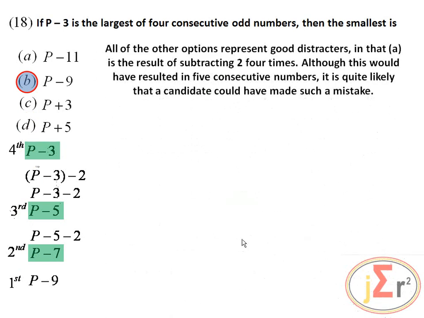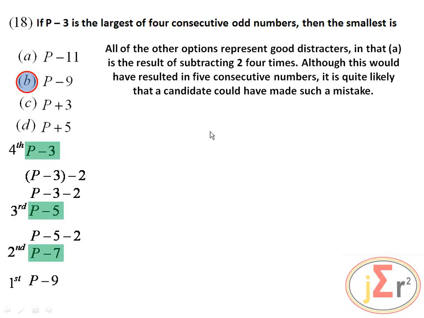All of the other options represent good distractors, in that A is the result of subtracting 2 4 times. So we have what? Consecutive. We say this is the largest of what? 4 consecutive odd numbers. So we have p minus 11. And that is what we will get if we subtract 2 4 times.